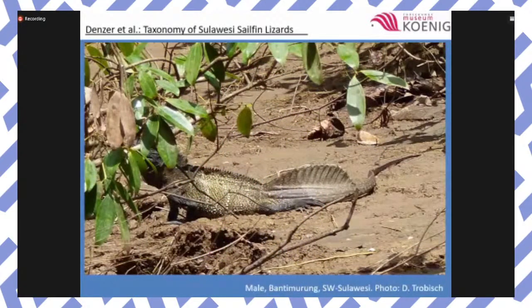So there also exists a picture of this specimen, and here we are not sure because it has several enlarged scales and a dark head, so this might be a hybrid between the two phenotypes, between Hydrosaurus microlophus and Celebensis.